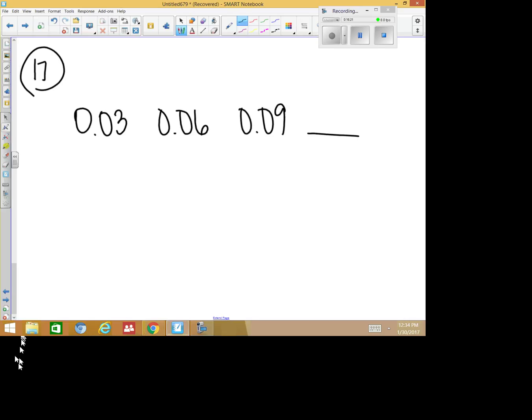You are skip counting, but it goes 3, 6. This is how many? 3 times. 100. 300. So what's this one? 600.